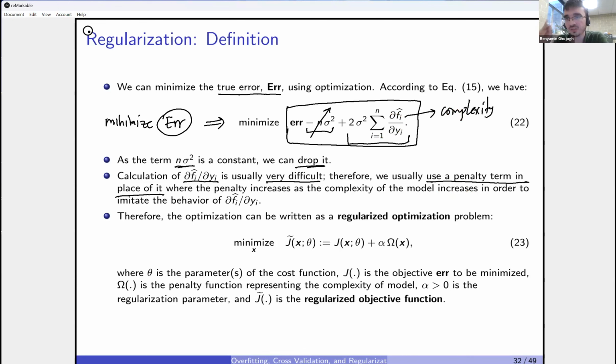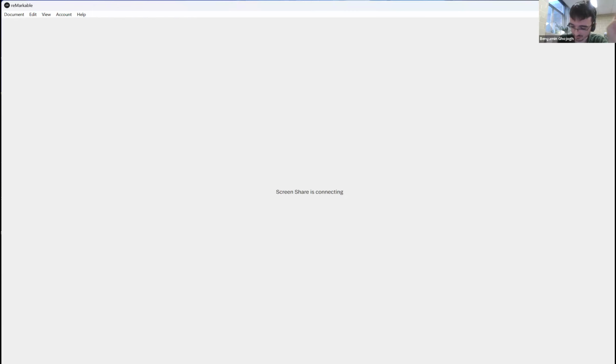As long as we have a function which is increasing with complexity, we can approximate this term with that function. And as we are minimizing this whole thing, we will minimize that penalty. We don't want the model to become too complex. So we are minimizing the empirical error as well as the penalty.